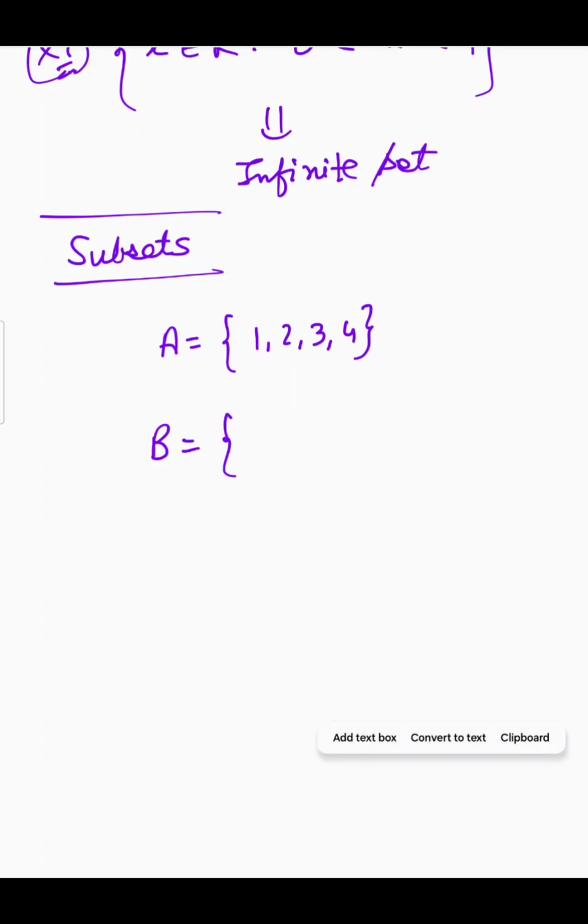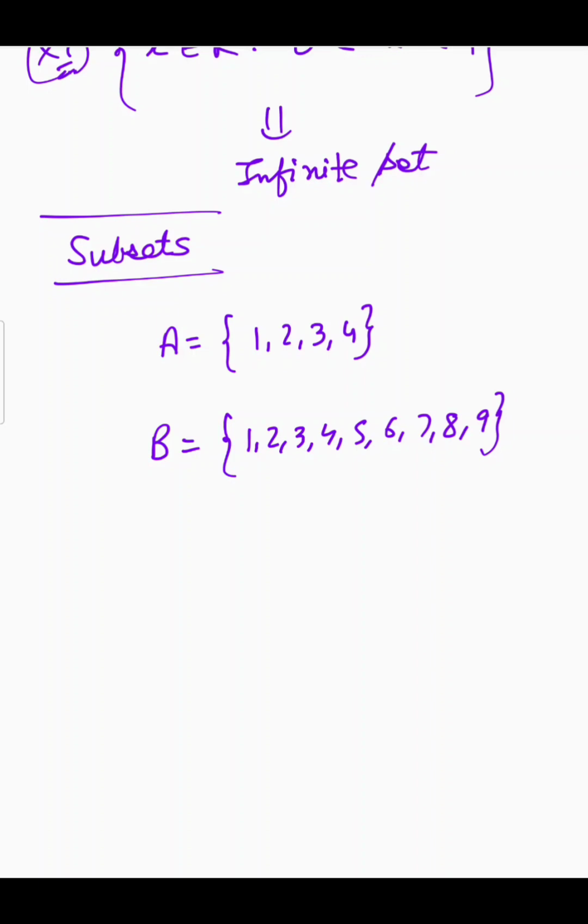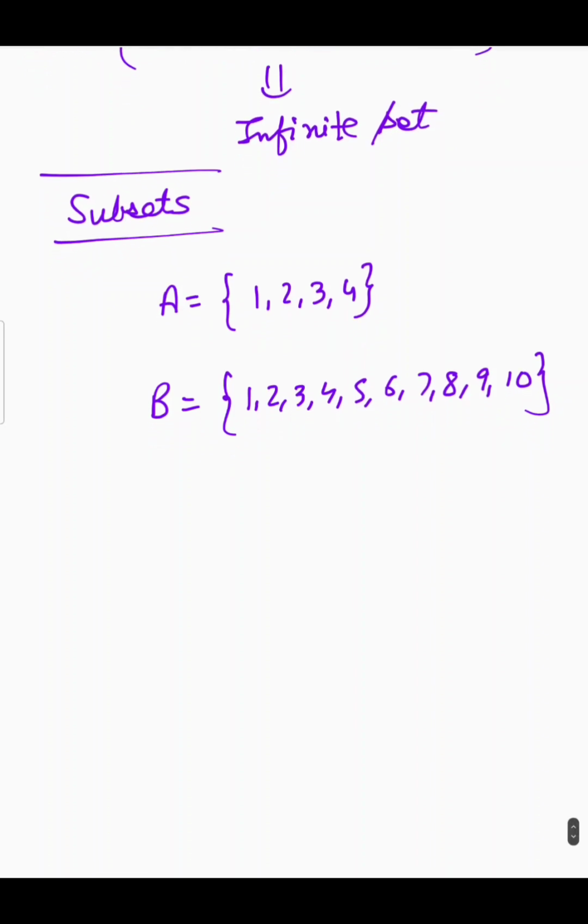We have taken another B set, which is 1 2 3 4 5 6 7 8 9 and 10. So see here, every element of A is actually contained in B, right?